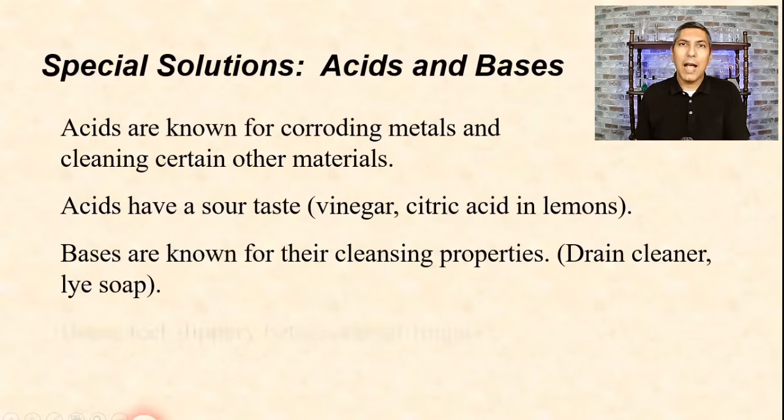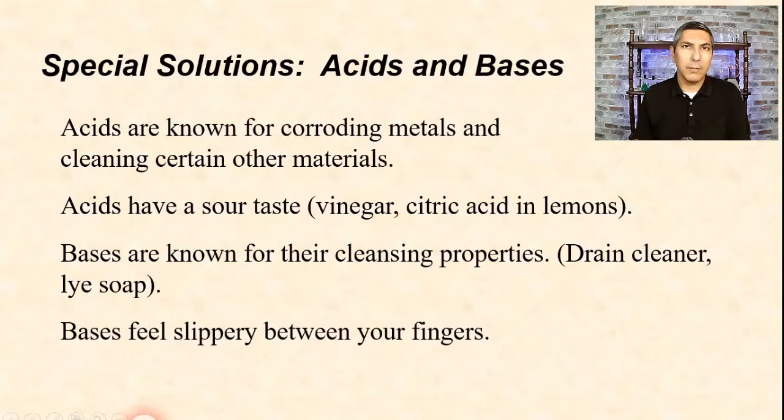And once again, I'm not encouraging you to get chemicals on your fingers, but if you were to get a base on your fingers, it would feel slippery between your fingers. Soap is a really good example of this. It's a base. It has basic properties. And if you take that soap and rub it between your fingers, it feels kind of slick or slippery, doesn't it?